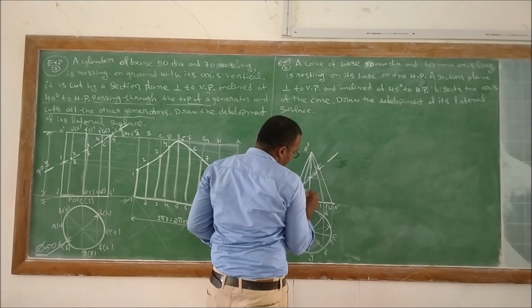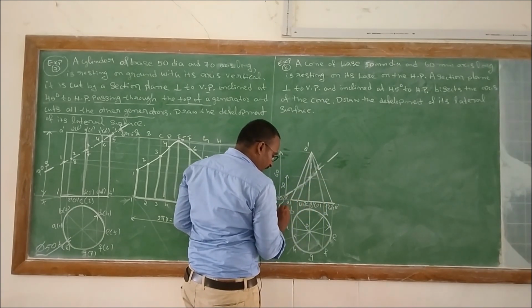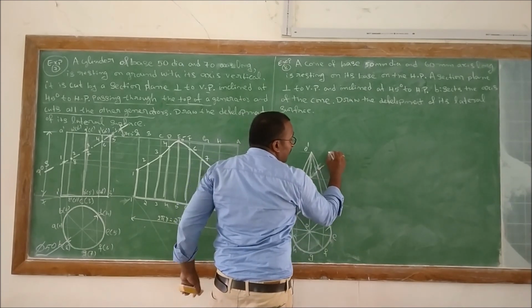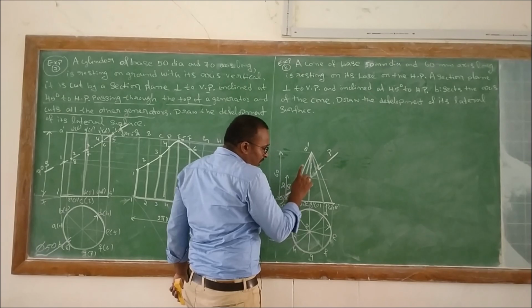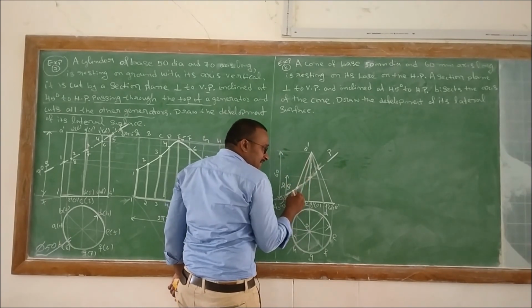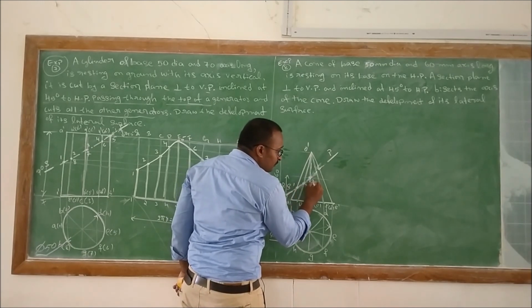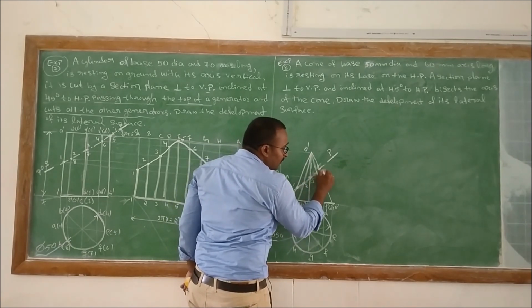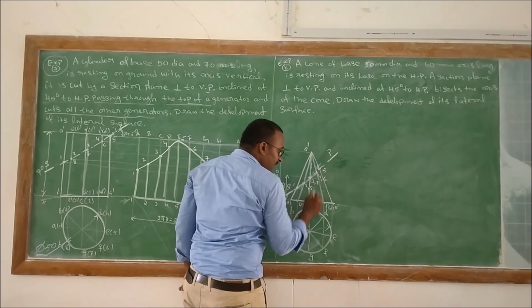So here we have a 45 degrees inclination, right? So here it is the section plane, and then mark all the intersecting points between the section plane and the slant edges. 1, 2, 3, 4, 5, 6, 7, 8 points.